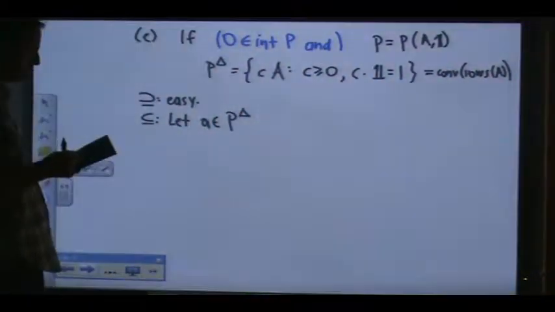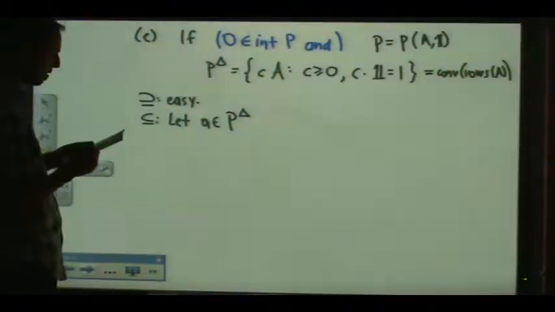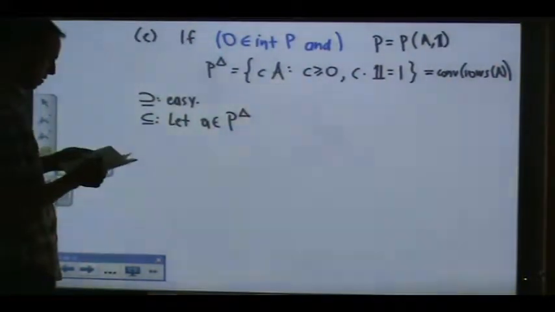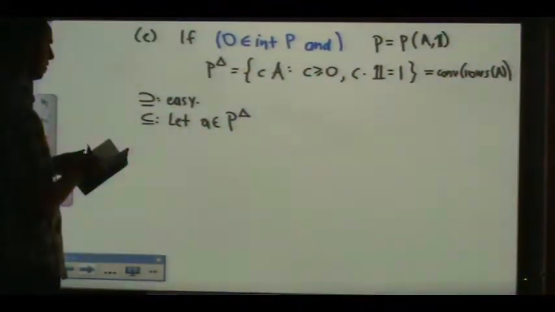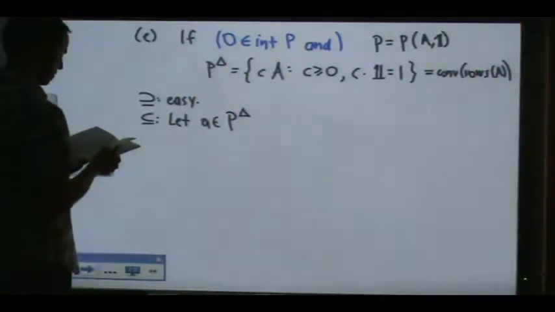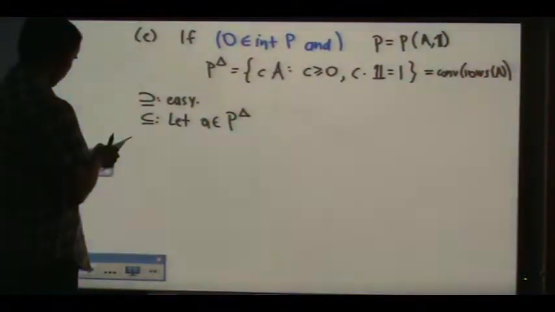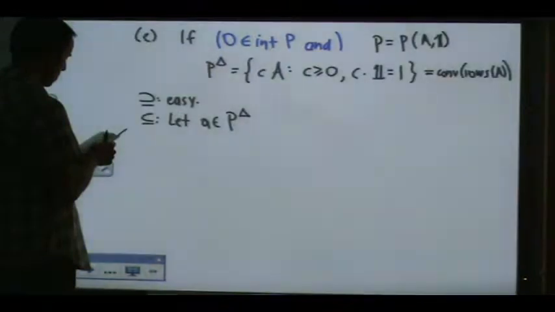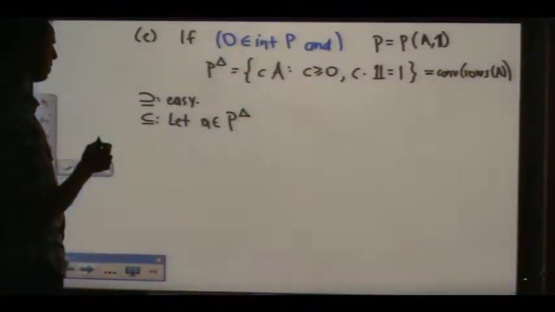So let's take a point in the dual polytope. Now, here, I want to say this. P is in the dual polytope.